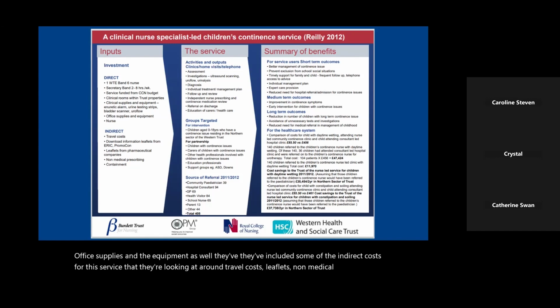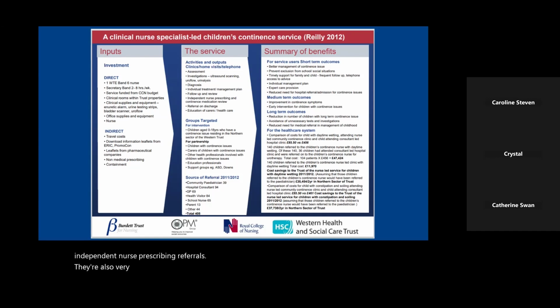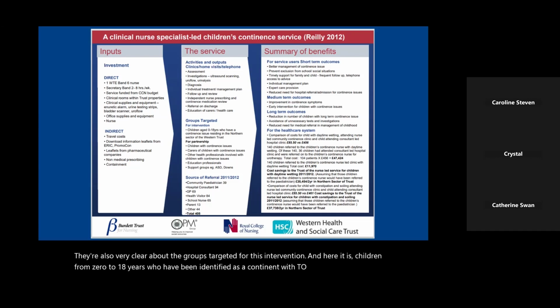They've listed some of the activities and outputs in relation to this service, around investigations, follow-up and review, independent nurse prescribing, and referrals. They're also very clear about the groups targeted for this intervention, and here it is children from 0 to 18 years who have been identified as having a continence issue.